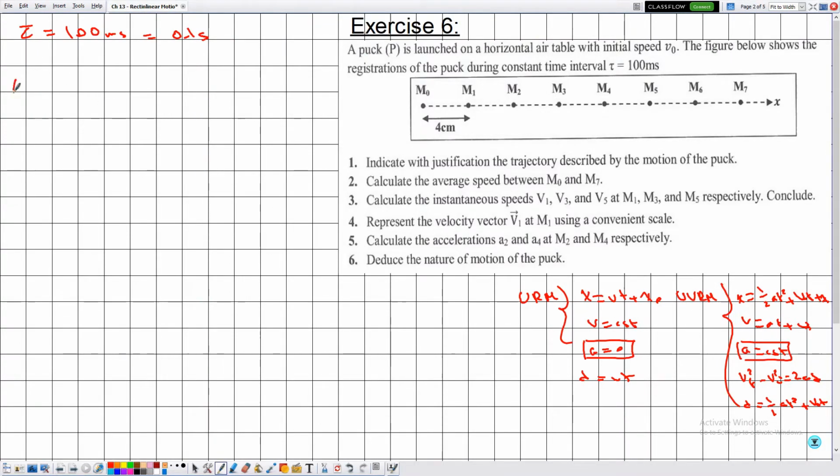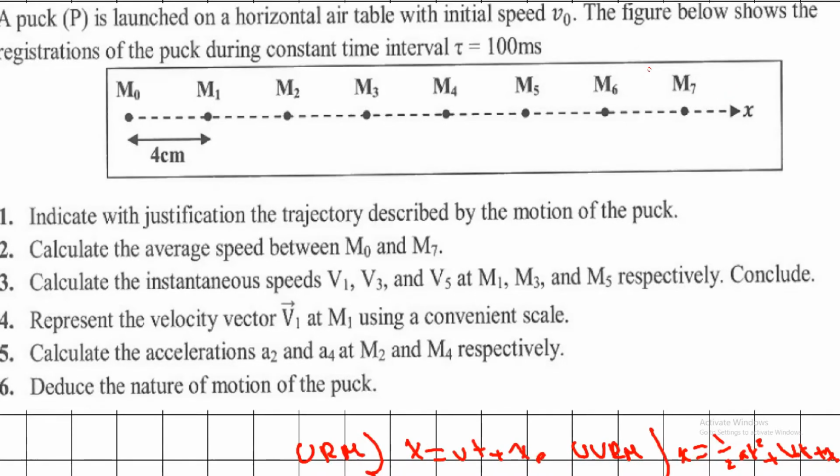Now, let's start. Number 1, they are telling us to indicate with the justification the trajectory described by the motion of the puck. Notice that the motion of the puck can be studied by referring to these dots. All of these dots belong to the same straight line.